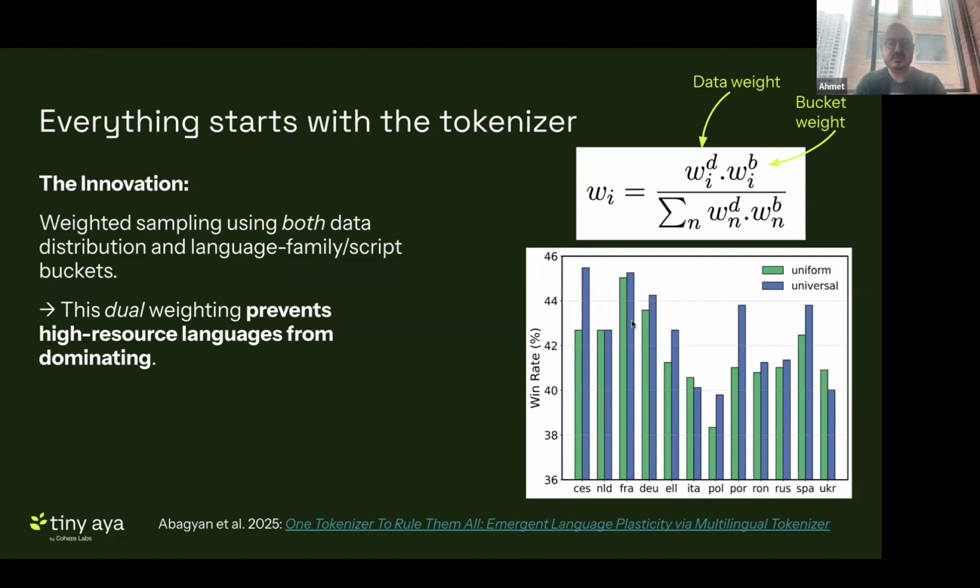This is not in the technical report, but it is from the paper that originates our tokenization approach. The paper is called One Tokenizer to Rule Them All. Here we compare an extremely simple approach, which would be uniformly distributing the weights across different languages, versus this data and bucketed weight approach.